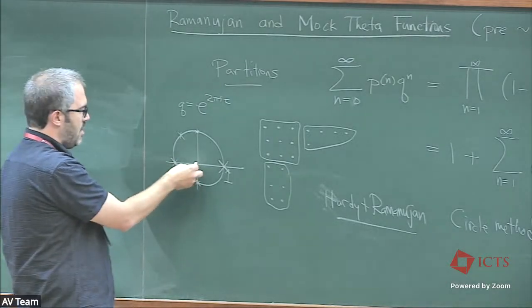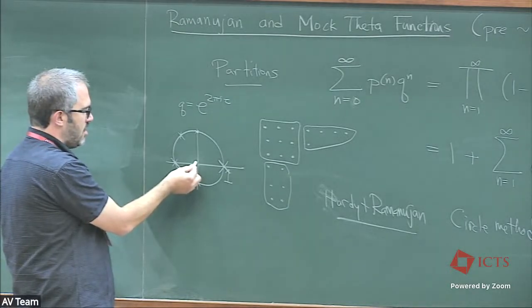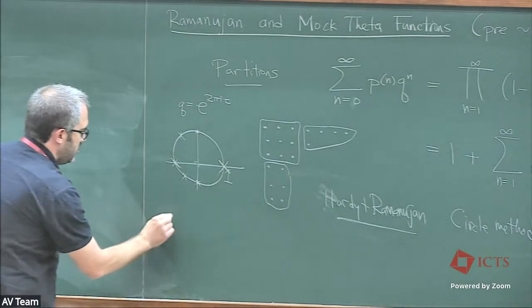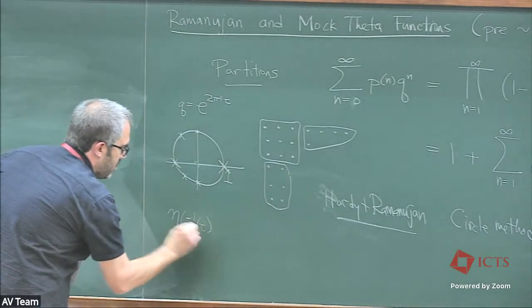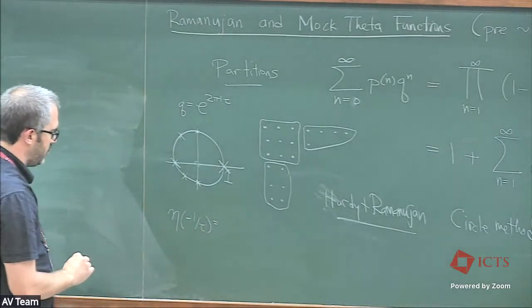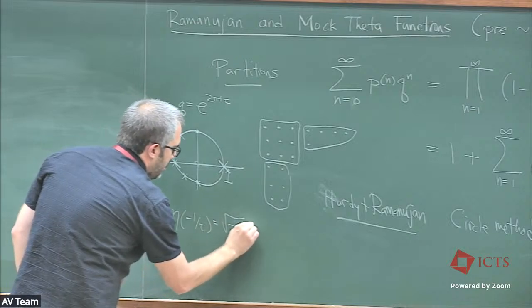This is where the q expansion is centered. So all of our information is here. How do we actually access the things over here? Well, we access them using the fact that we know the modular transformation behavior of the Dedekind eta function. So in particular, eta of minus 1 over tau is the square root of minus i tau times eta of tau.